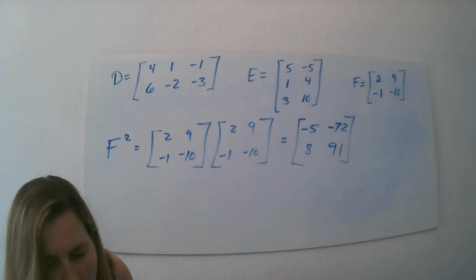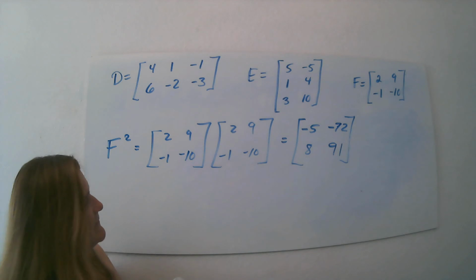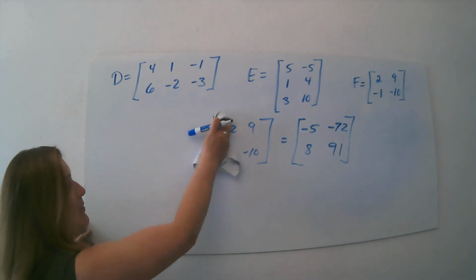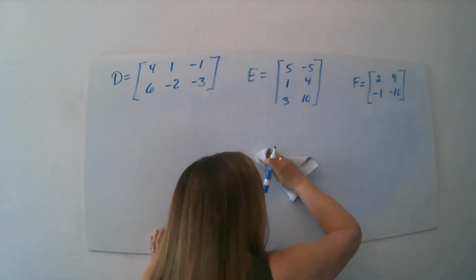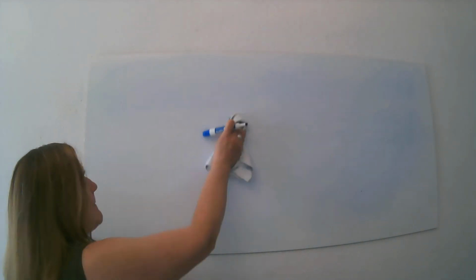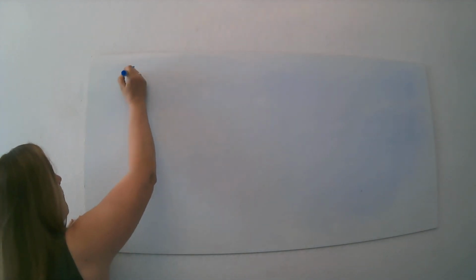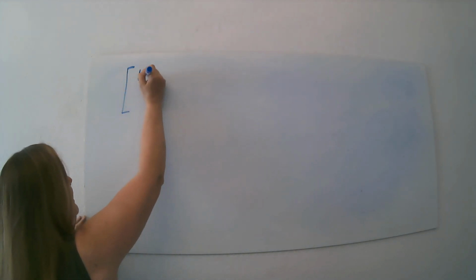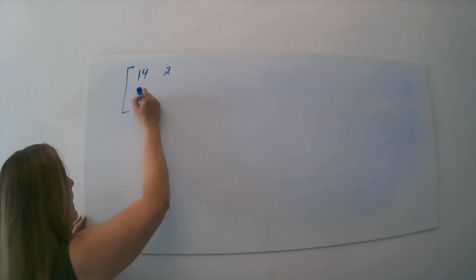I'd like to look at one more thing before we stop with this multiplying of matrices. Suppose I had this matrix equation. 14, 2, 9, 7.